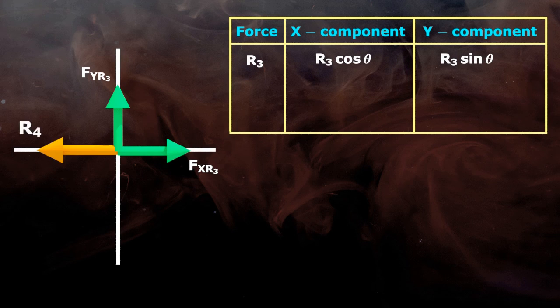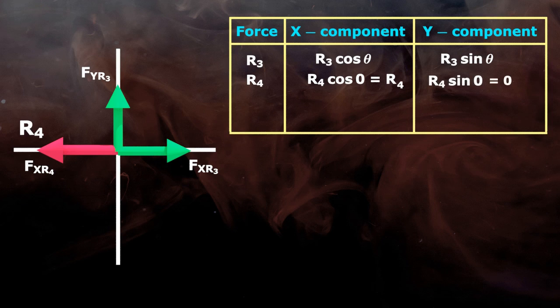Similarly, reaction R4 acts along the negative x-axis making 0 degree angle to the x-axis. So the x component will be R4 cos 0 equals R4 and the y component is R4 sin 0 equals 0.